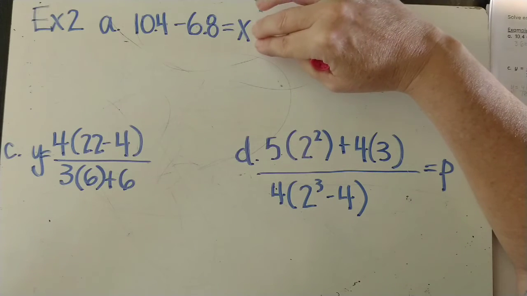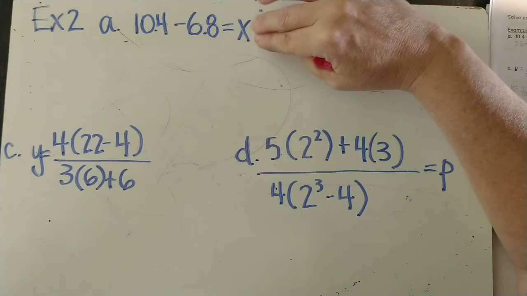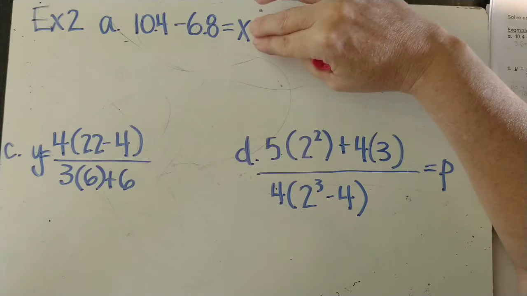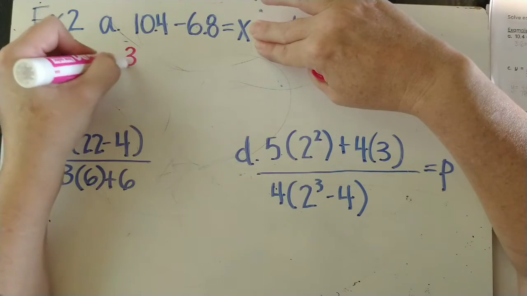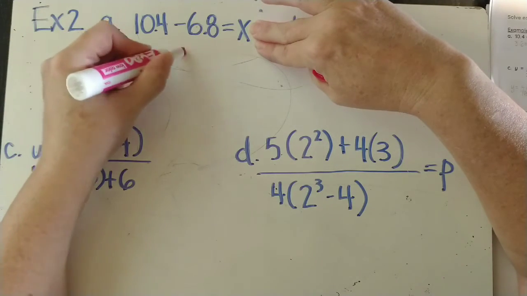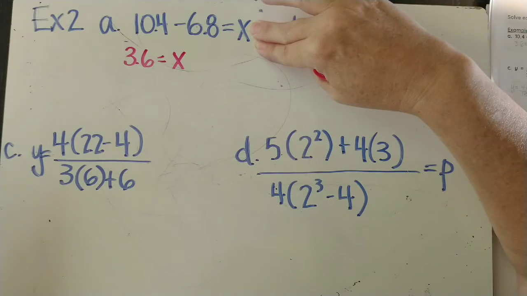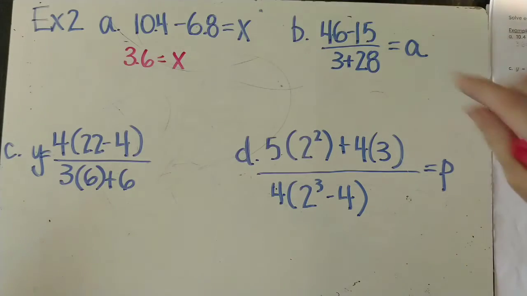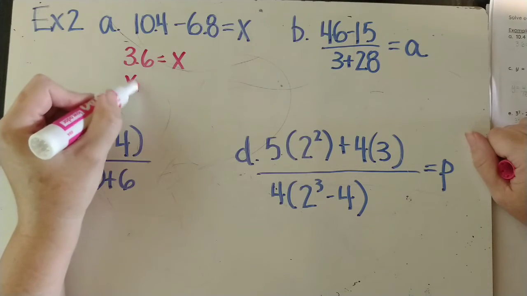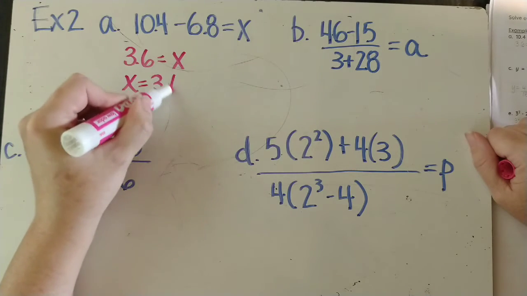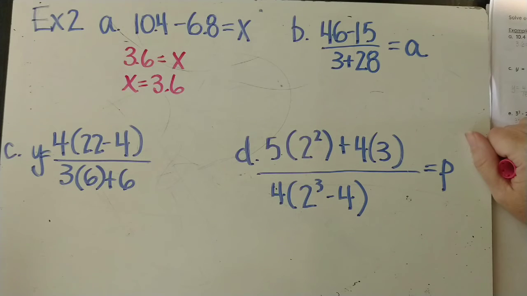So when you get done, your answer will have your variable in it, equals x. Subtract these two, and you have 3.6 equals x. And you might be the type of person that always likes to have the variable first. It will not matter if you turn it around. Either answer is correct.